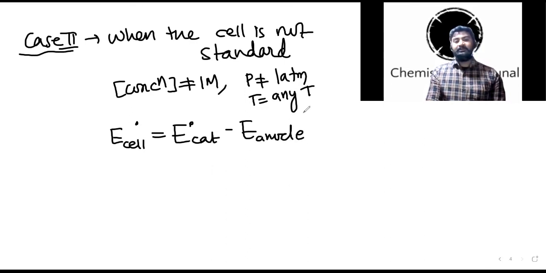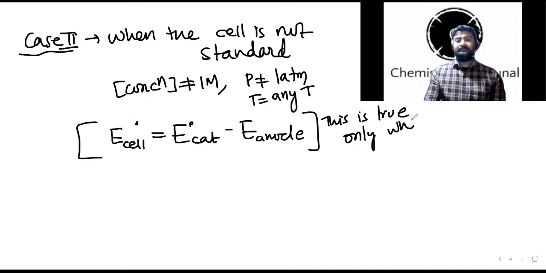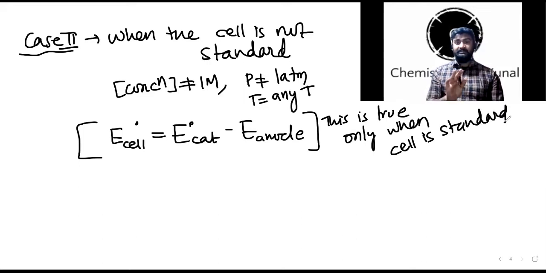Why? Because this is true only when the cell is standard. I'm telling you this very important concept actually. If you understand this way, you'll never get confused in questions. So this can only be used when the cell is standard. But do we have a standard cell right now? No. The cell given to us is not standard.